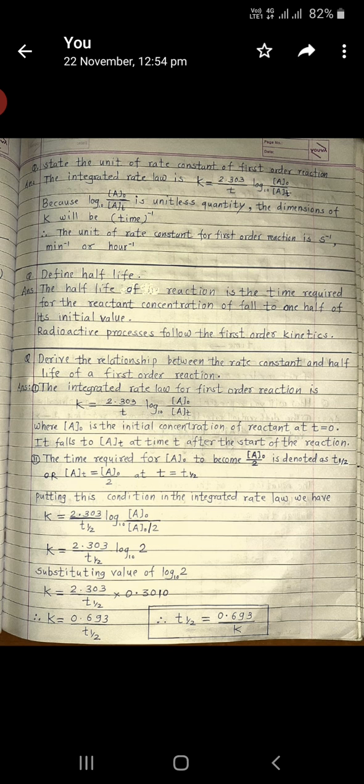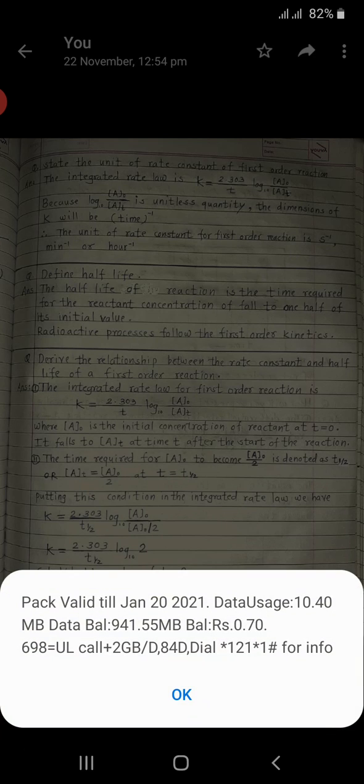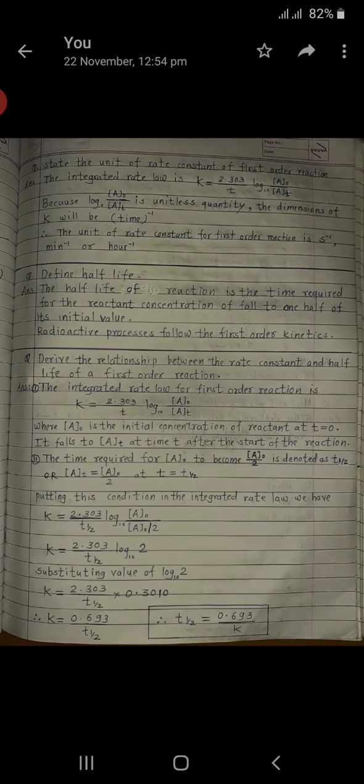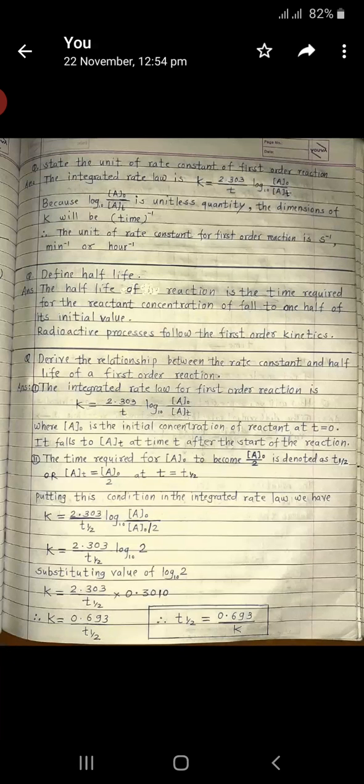The time required for A0 to become A0/2 is denoted as t half, known as the half-life period.